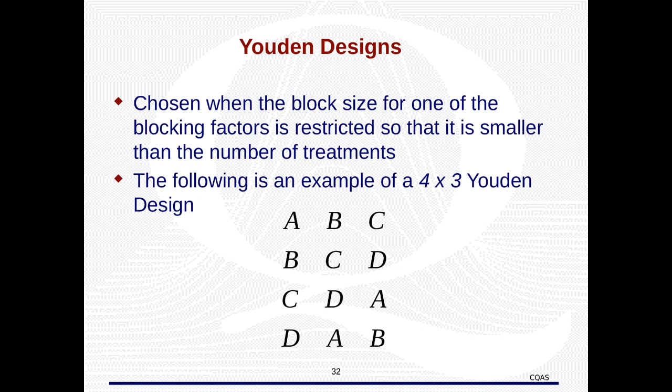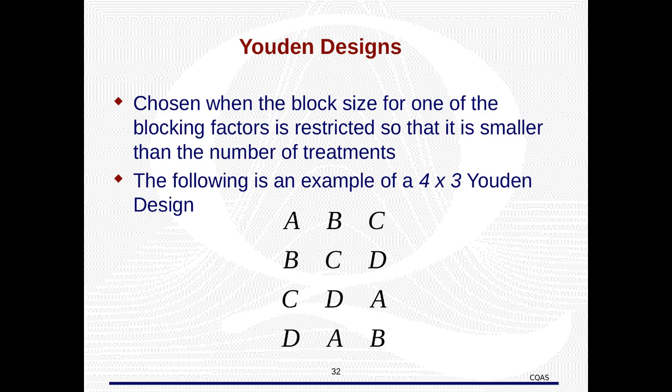The 4x3 example illustrated here demonstrates this principle concretely. We have 4 treatments and 3 column blocks, which is fewer than our treatment count. This design maintains the orthogonality and balance properties we value while respecting real-world limitations on block size. Each treatment still appears exactly once within each column block, preserving the blocking efficiency we seek.